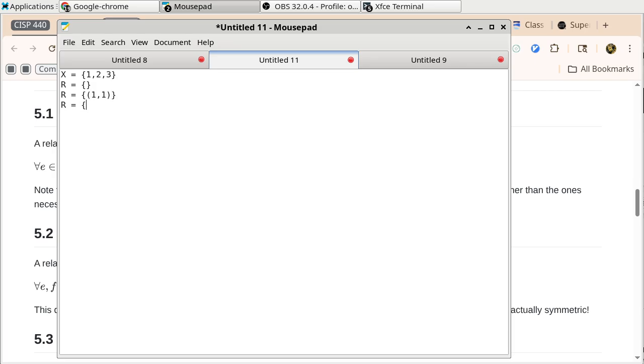And then this one is (1,1), (2,2), (3,3). And then finally, this one is (1,1), (2,2), (3,3), and I'll throw in a (1,3).